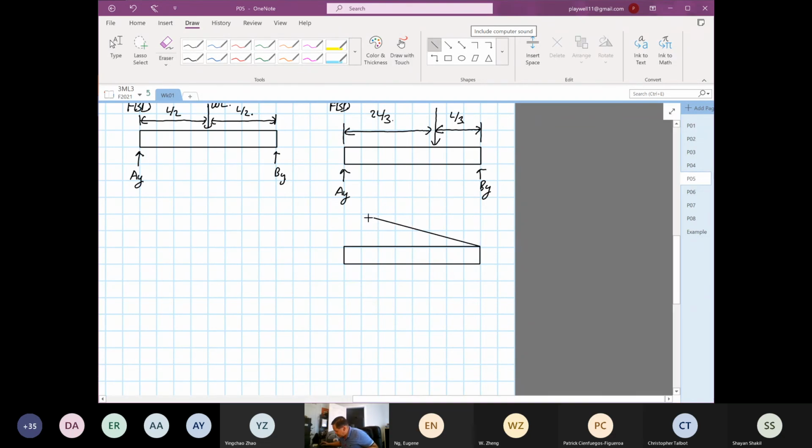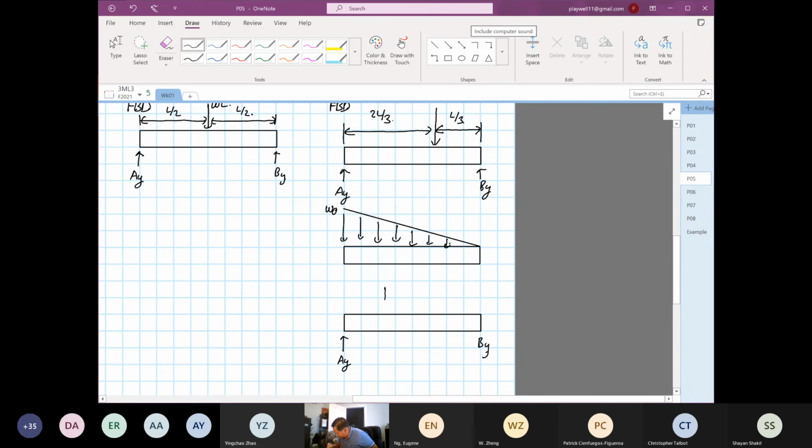Let's say now this is your distributed load, this way now. This is still your omega naught. So when you construct your free body diagram, this is your AY, BY.